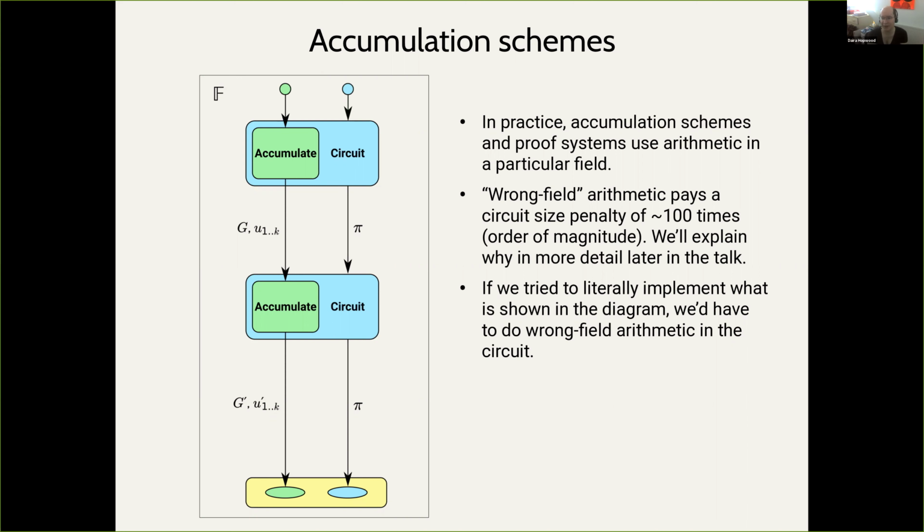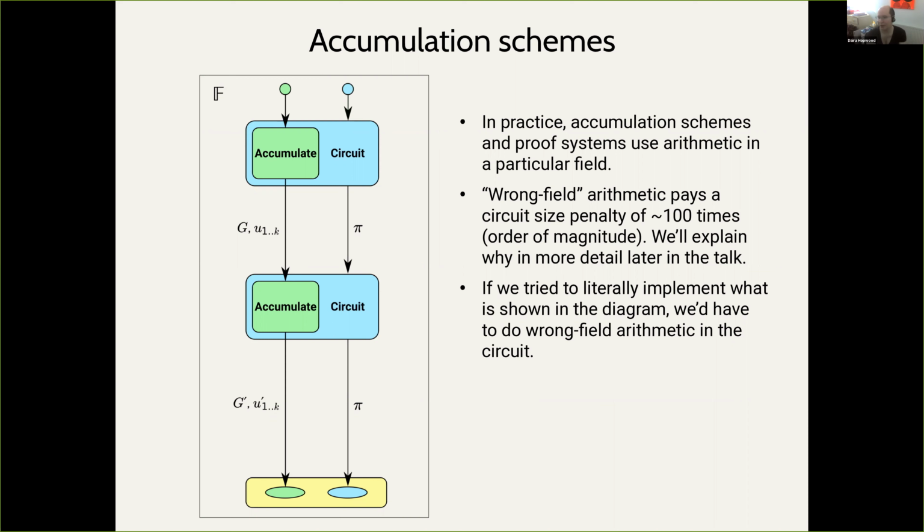But that's a kind of idealized view, because this would work if you only had a single field in which you're computing everything. But in practice, we're going to have two fields: the field over which the proof system is defined, the one which makes it efficient to do our group arithmetic, and then the field that is efficient in the circuit, and those are different.